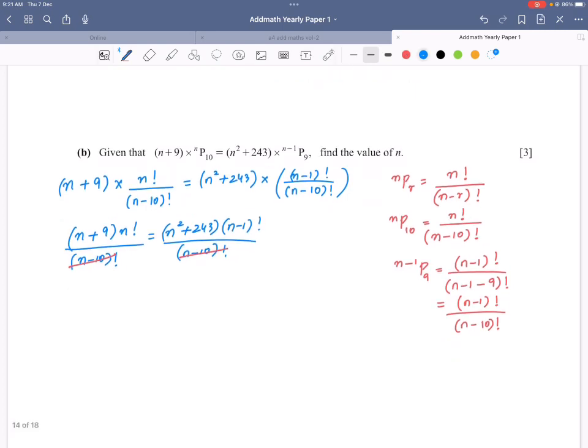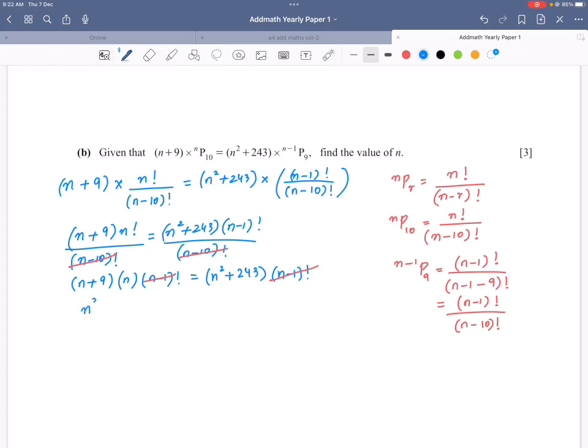Alright, so it's n plus 9 times n factorial. So what is n factorial? It's n into n minus 1 factorial, equal to n square plus 243 times n minus 1 factorial. The n minus 1 factorial cancels.